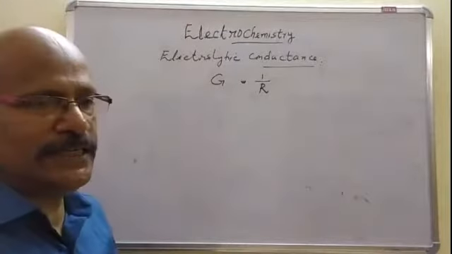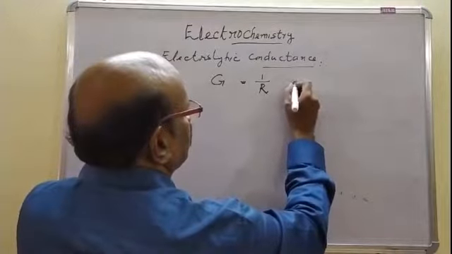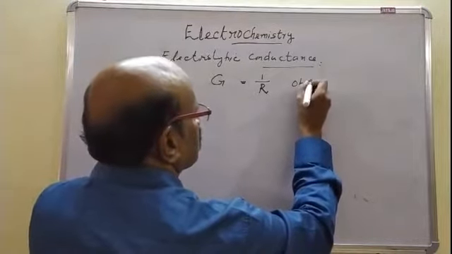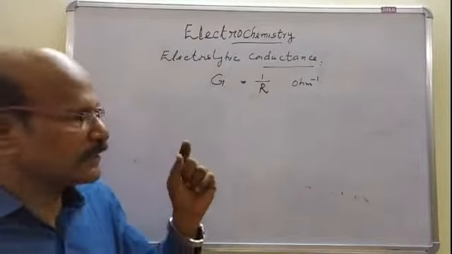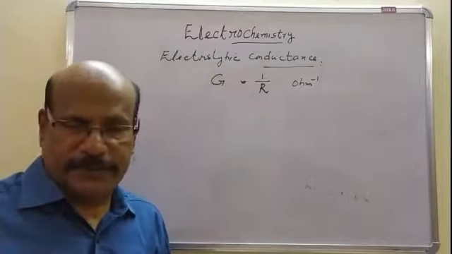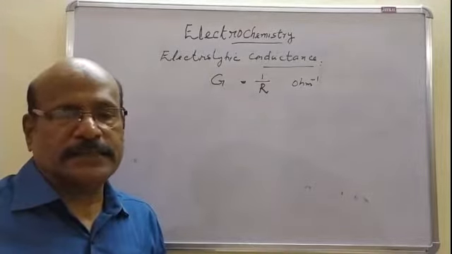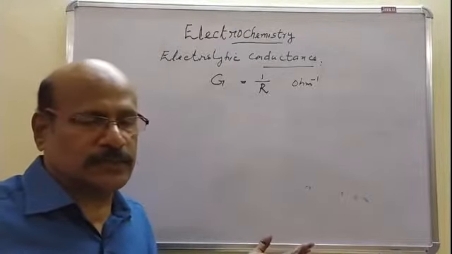So G is defined as the reciprocal of resistance, that is equal to 1 by R, and the unit is ohm inverse. So the conductance G is equal to 1 by R ohm inverse, defined as the reciprocal of the resistance and is the measure of the easiness of the passage of electricity through the material.